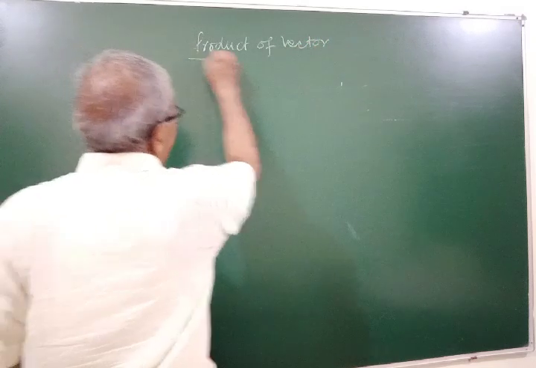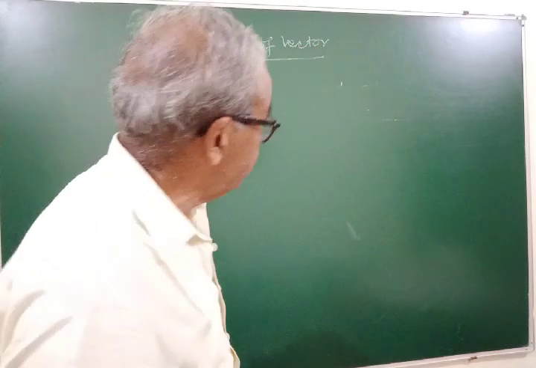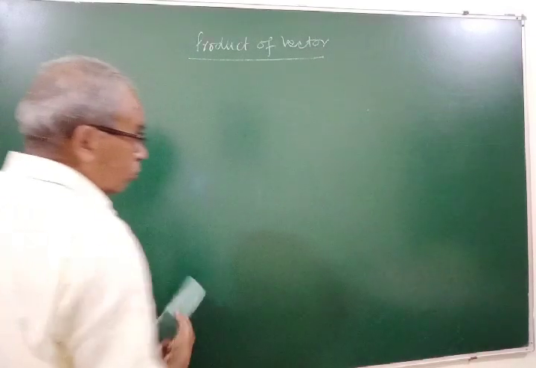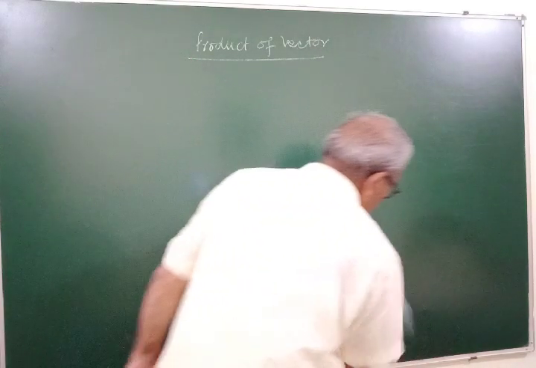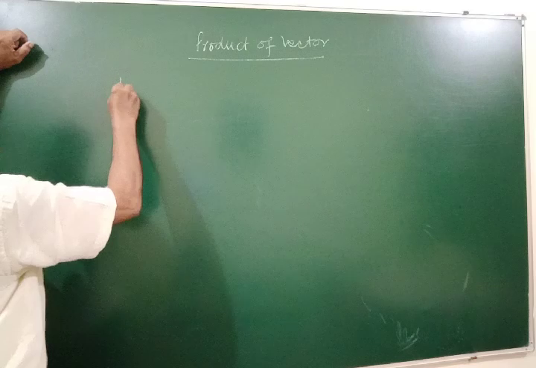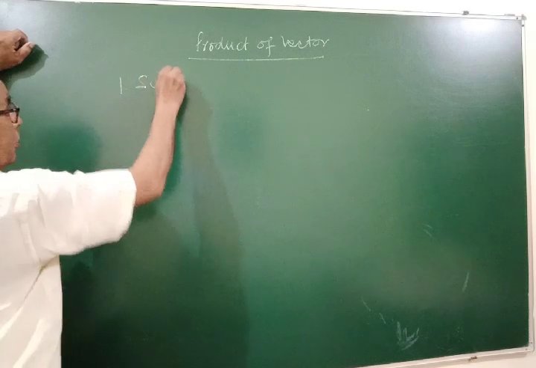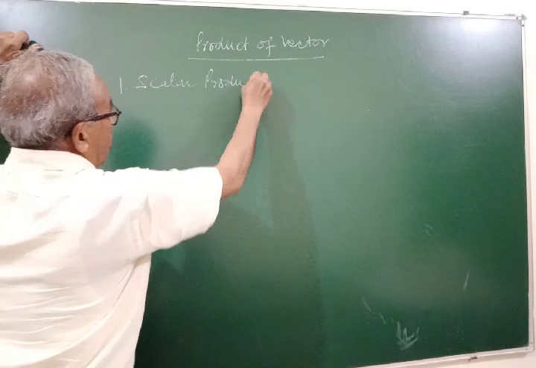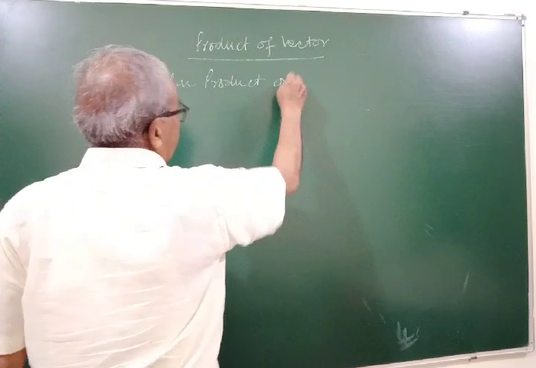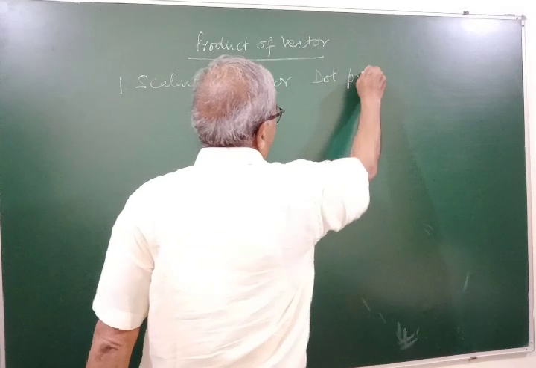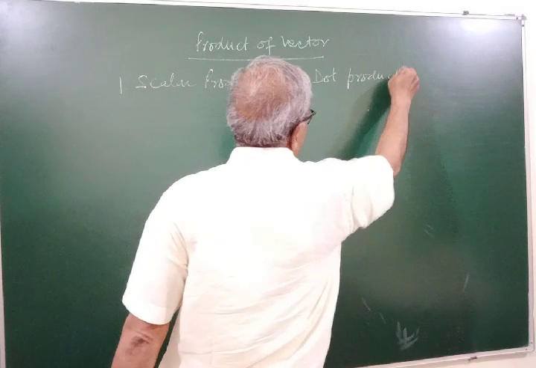When we multiply two vectors, what happens? Sometimes the product comes out a scalar and sometimes a vector. So the products of vectors are of two types. Number 1 is the scalar product, or the other name for this is dot product. I will tell you why it is so called.